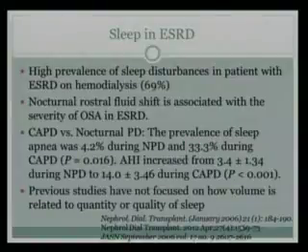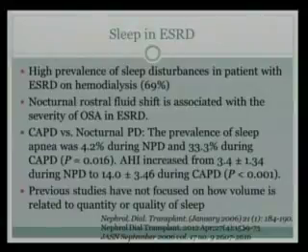And they found that the apnea episodes were much higher when patients were doing daytime exchanges as opposed to nighttime exchanges. At nighttime, when the fluid was being removed, they had fewer apneic episodes, which kind of supports this theory.